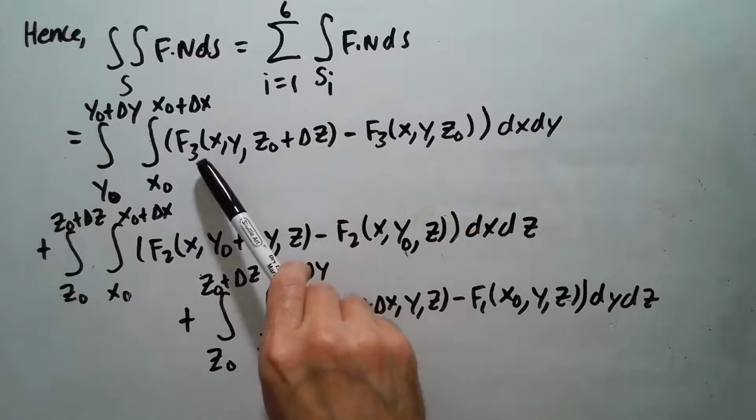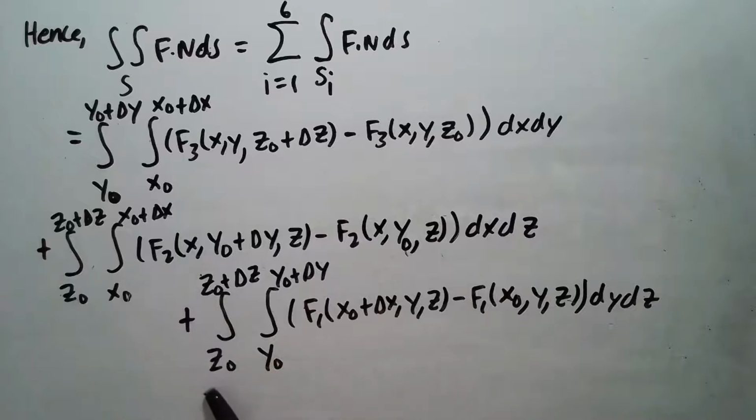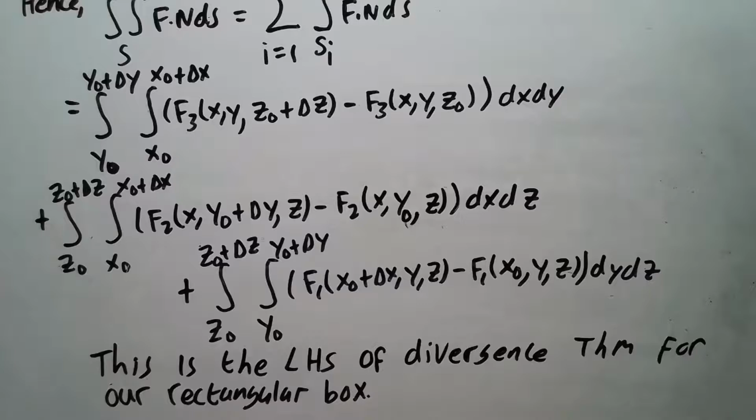We've shown it's equal to these three double integrals. So this is the left-hand side of the divergence theorem for the rectangular box, which we denote here.